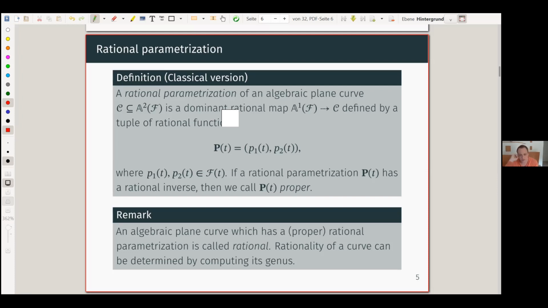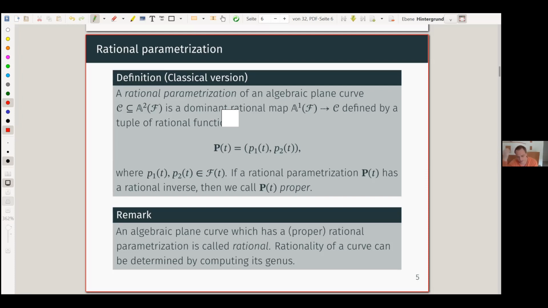For an algebraic curve, this is just a dominant rational map from the affine line to the curve. And by a dominant rational map, I mean a rational map, so given by a tuple of rational functions, such that the image will be Zariski dense in the curve. And we say that a rational parameterization is proper when it has a rational inverse.